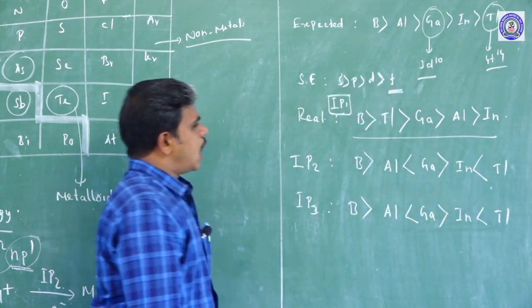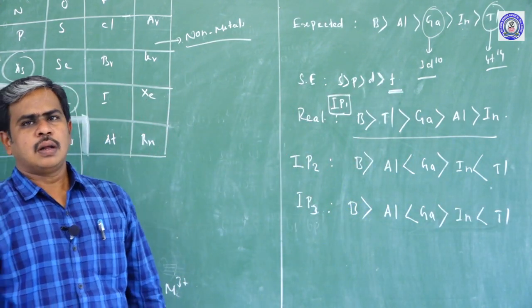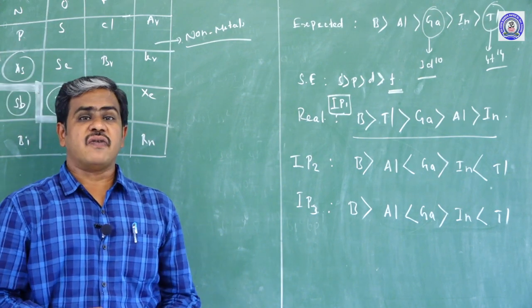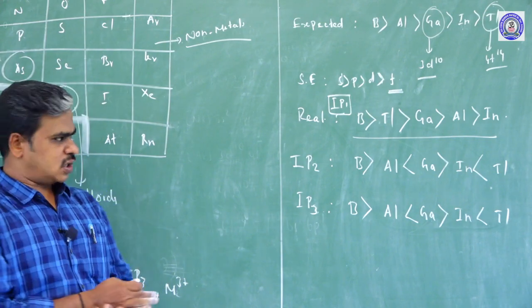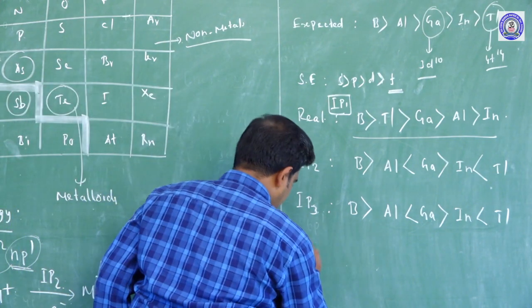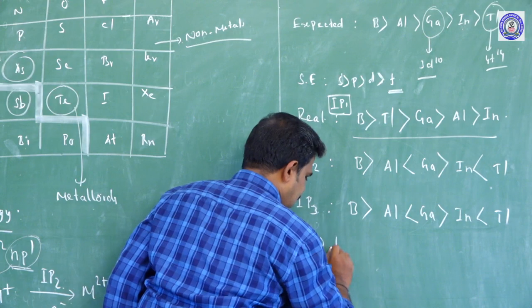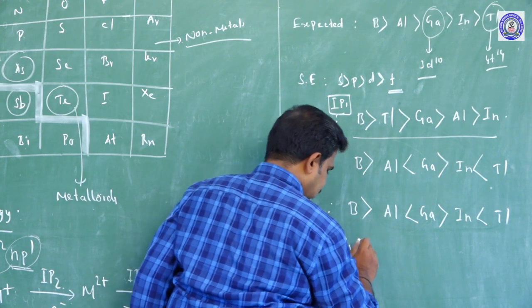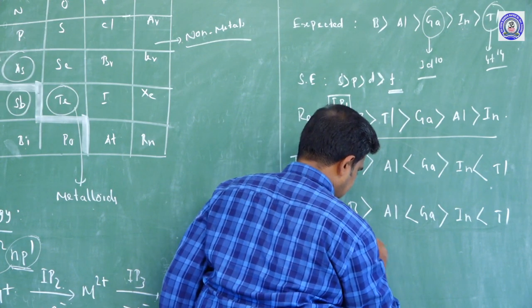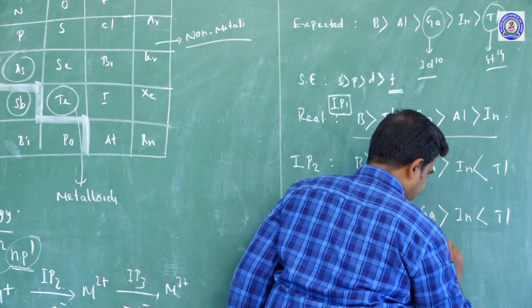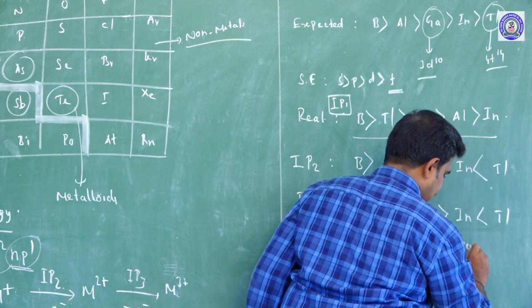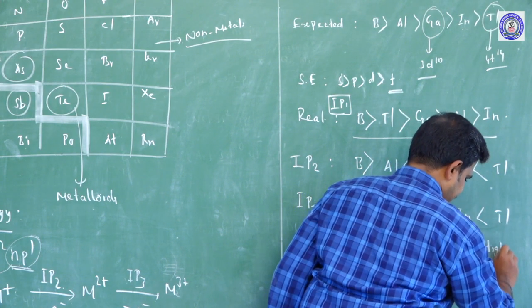Among the 13th group elements, which one shows the highest ionization potential? For boron, the sum of IP1, IP2 and IP3 is very high.